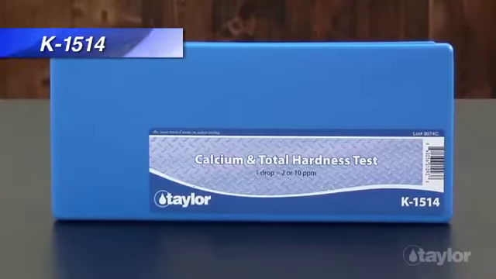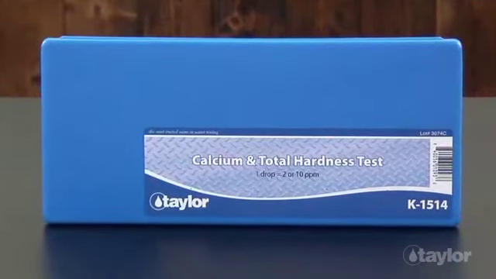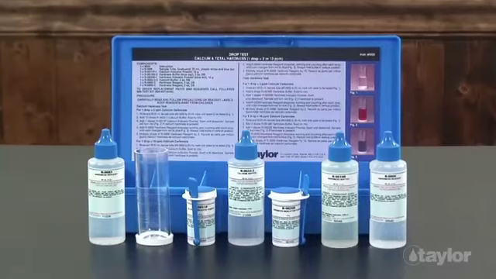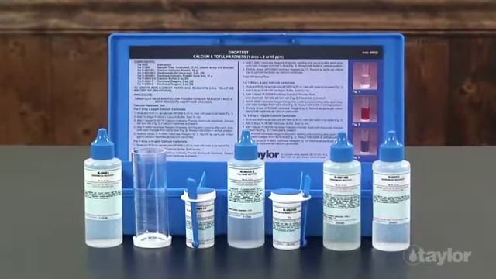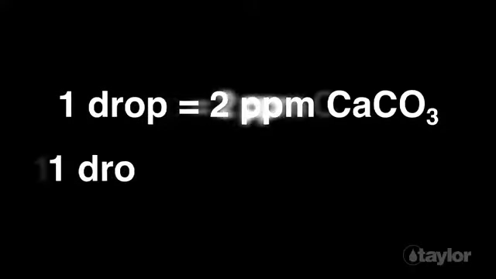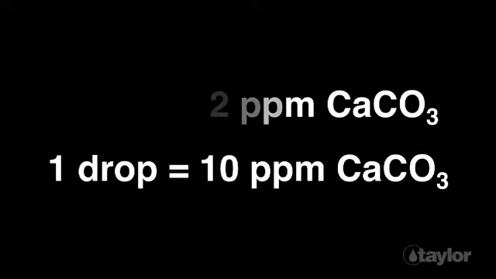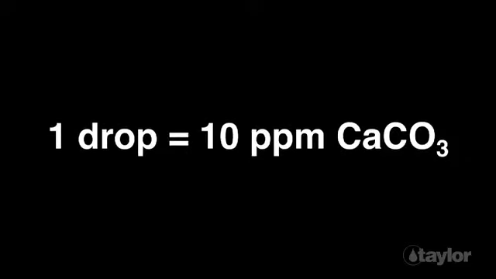For this demonstration, we will be using K-1514, a simple drop test for determining calcium and total hardness. The K-1514 allows for two equivalencies. 1 drop equals 2 parts per million, and 1 drop equals 10 parts per million hardness as calcium carbonate. We will be demonstrating the 1 drop equals 10 parts per million method in this video.